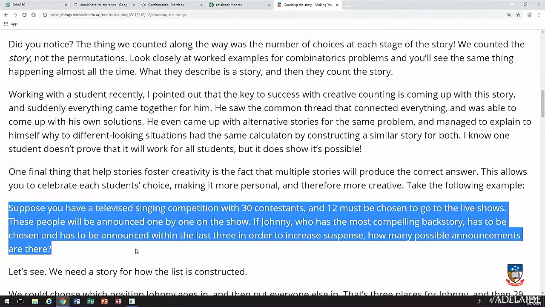These people will be announced one by one on the show. If Johnny, who has the most compelling backstory, has to be chosen, and it has to be announced within the last 3 in order to increase the suspense, how many possible announcements are there?